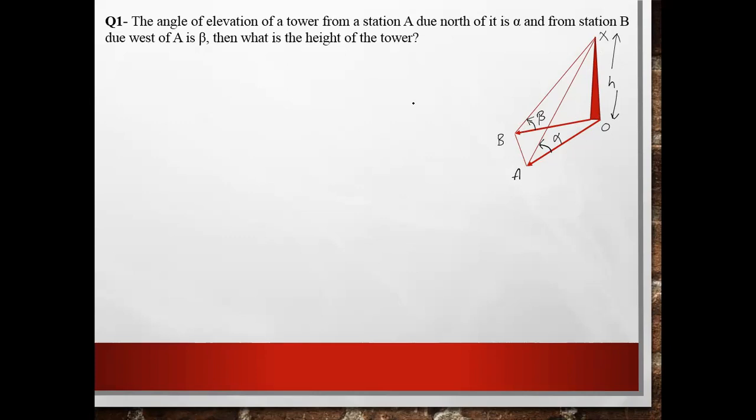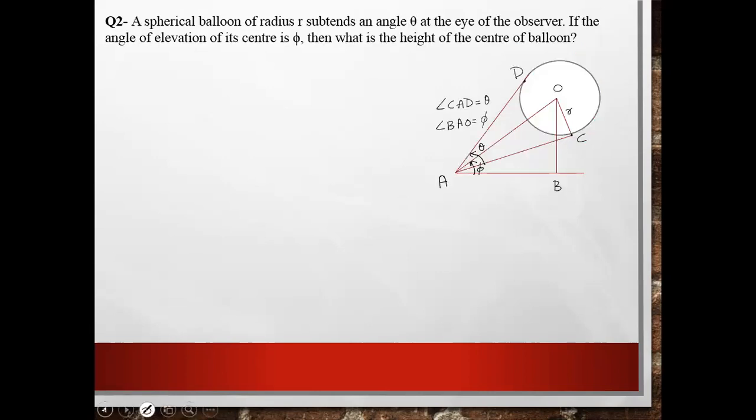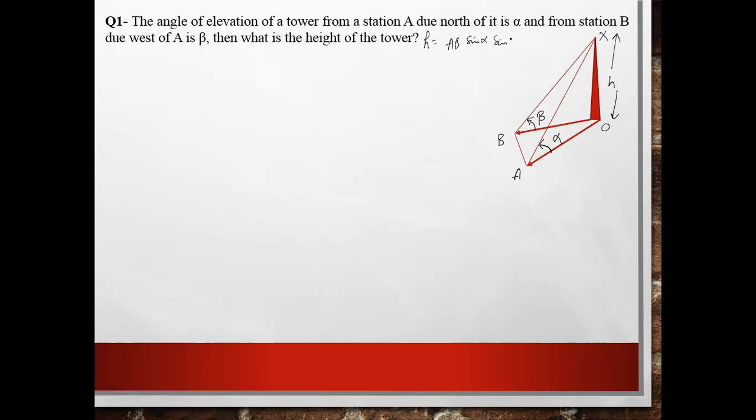Generally this question is asked in terms of proving that the height of this tower is AB sine alpha sine beta upon under root sine square alpha minus sine square beta.